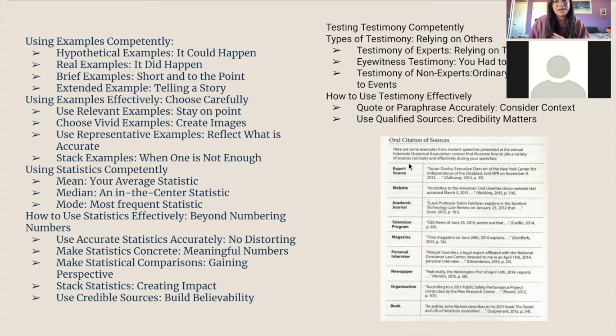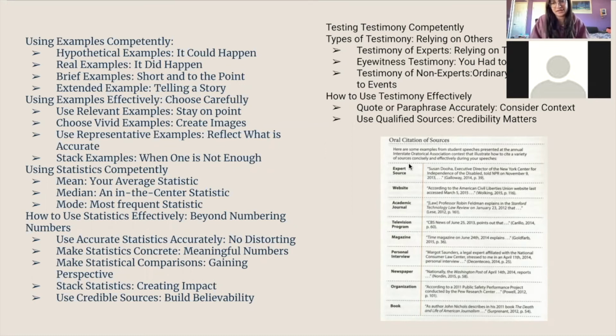Just like stacking examples, we can stack statistics to create an impact, so give more than one statistic. We want to make sure we're using credible sources to build believability, kind of like Leo was talking about in chapter 4, finding those credible sources and making sure that we are giving the right information out.